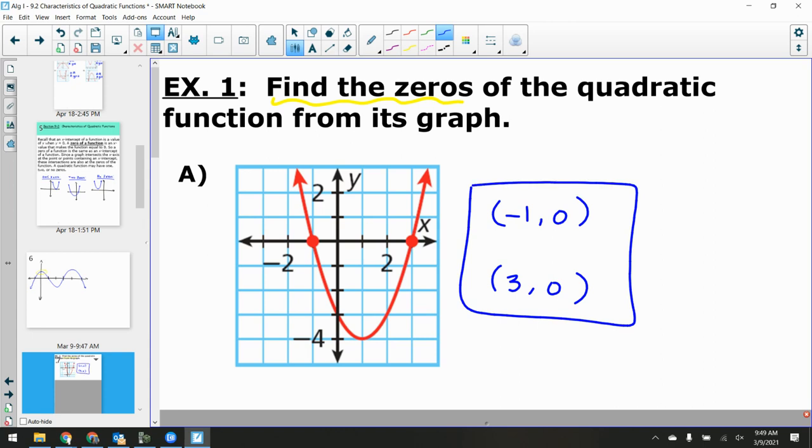That's pretty simple, isn't it? I hope you think it's simple because we'll use that a little bit later on. Because all I'm looking for is the x-intercept. What would have happened if somebody tried to give me the answer of -3? What am I saying there when I say -3? The x or the y? The y-intercept, right. It would be incorrect because that would be the y-intercept, not the x-intercept.